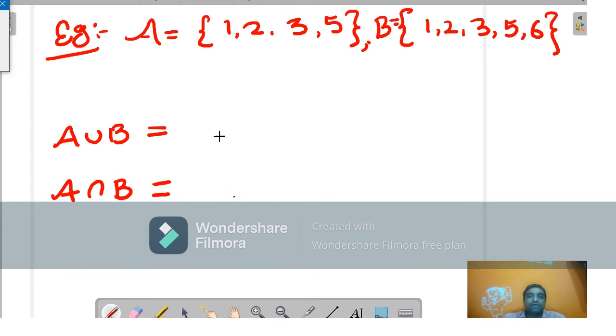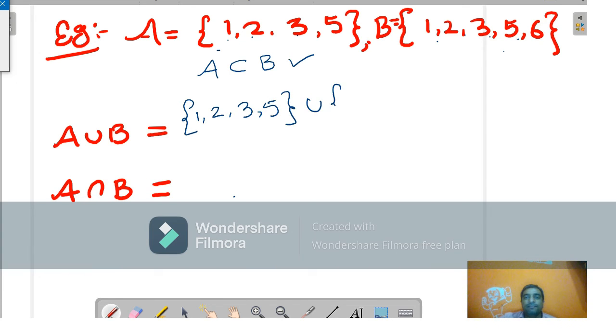Coming to the next one. See here, if you observe 1, 2, 3, 5. Here we can say all the elements of A are present in B, so A subset B. By seeing it, we can say A subset B. Then we will do A union B: 1, 2, 3, 5 union 1, 2, 3, 5, 6.